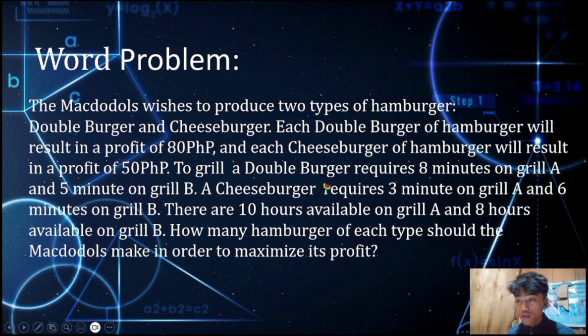To grill a double burger requires 8 minutes on grill A and 5 minutes on grill B. A cheeseburger requires 3 minutes on grill A and 6 minutes on grill B. There are 10 hours available on grill A and 8 hours available on grill B. How many hamburgers of each type should McDonald's make in order to maximize its profit?